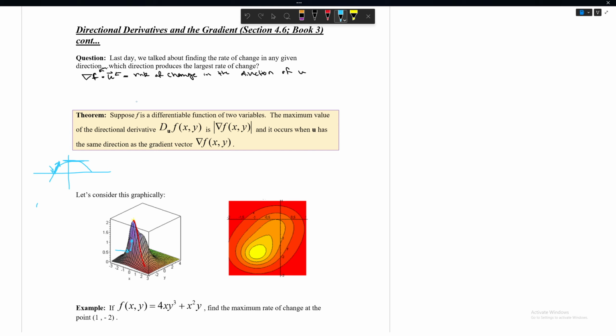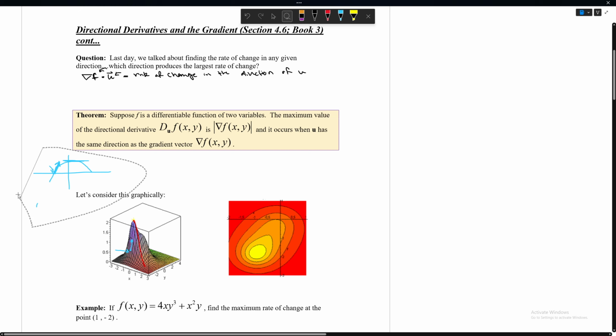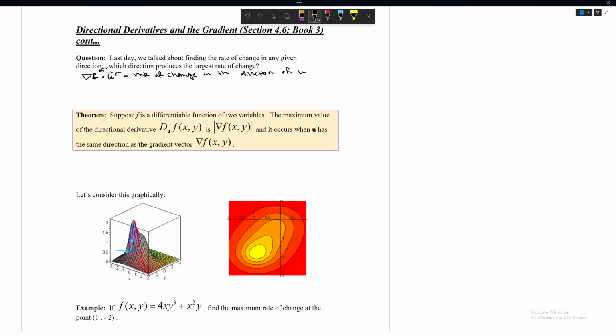So now I'm not giving it a direction, I'm giving it a point. I'm telling it now, give me the direction instead. It still gives you the highest rate of change, but the way it would work is we would take the magnitude of our rate of change at the point, and multiply it by the magnitude of our u.